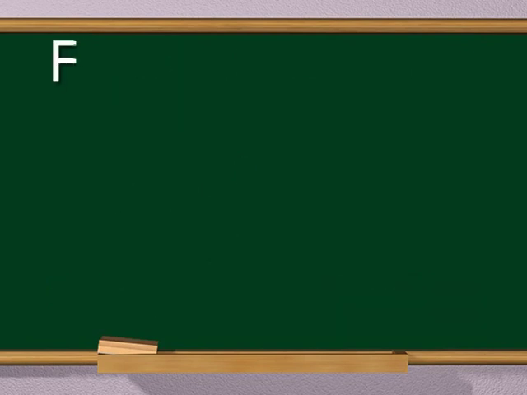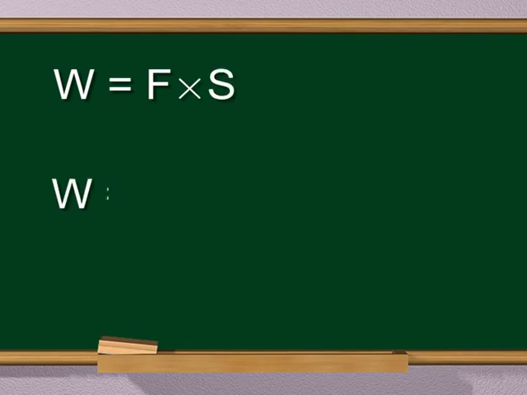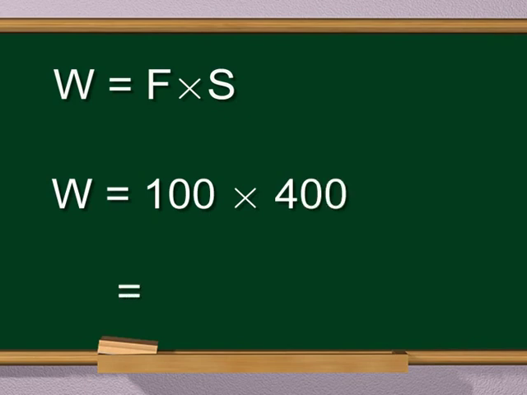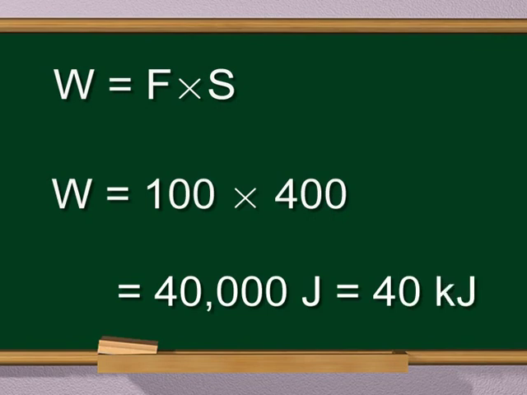If F and S are the force applied and the distance covered respectively, then the work done is given as W equal to F into S, or W is equal to 100 into 400, which is equal to 40,000 joule, also equal to 40 kilojoules.